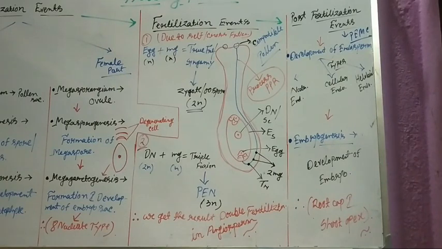On the basis of development, endosperm is of three types.